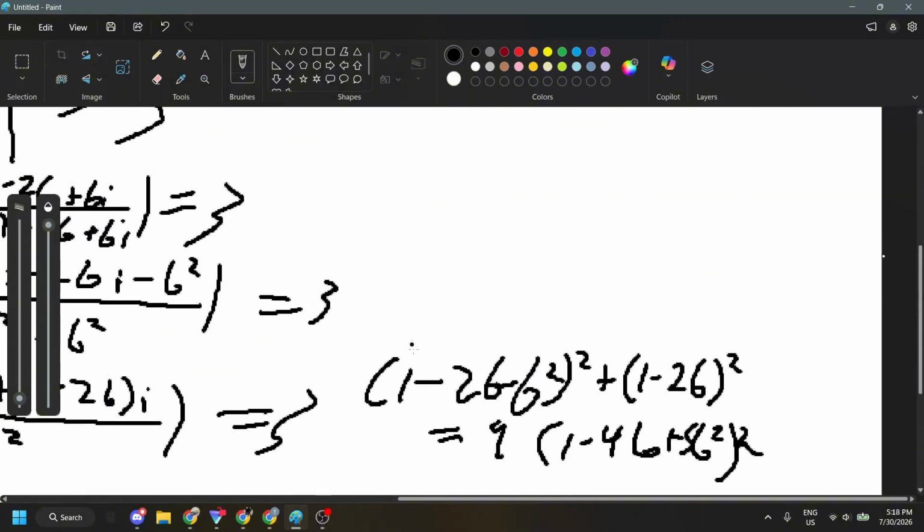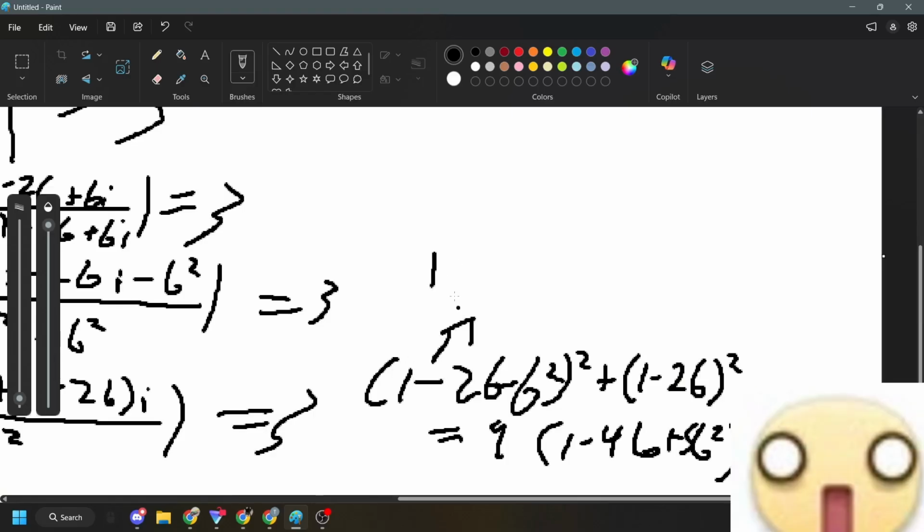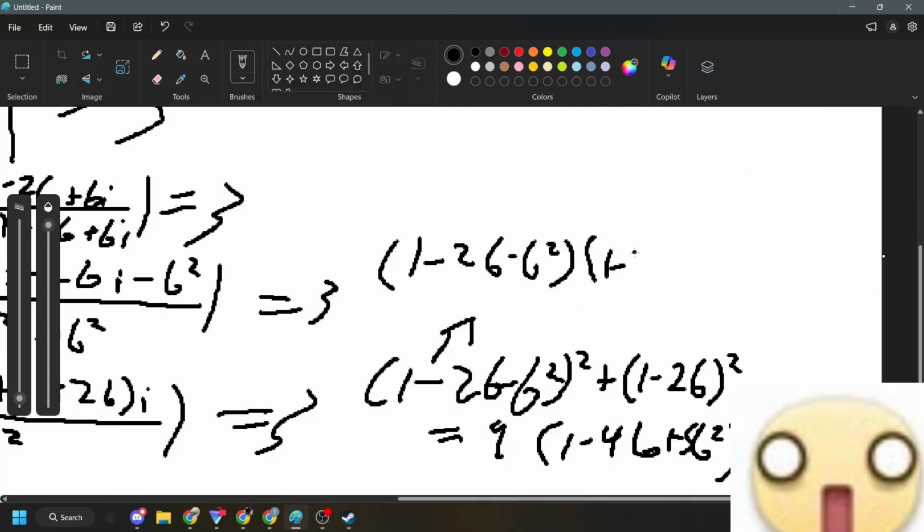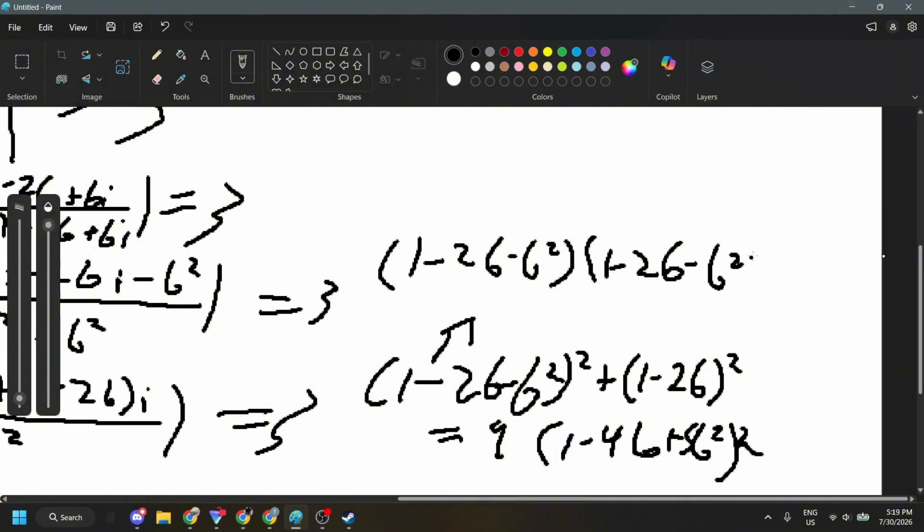So this is 1 minus 2b minus b squared times 1 minus 2b minus b squared. This times this is 1, this times this is minus 2b, and then we have minus b squared.